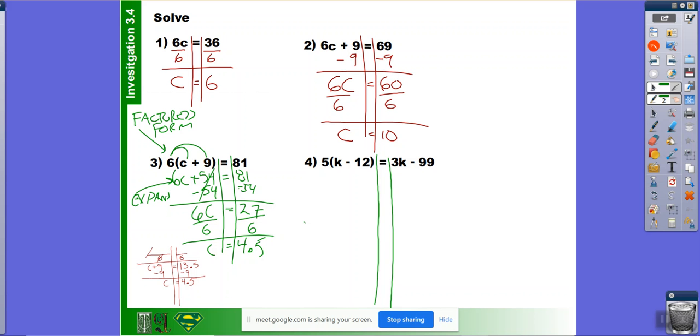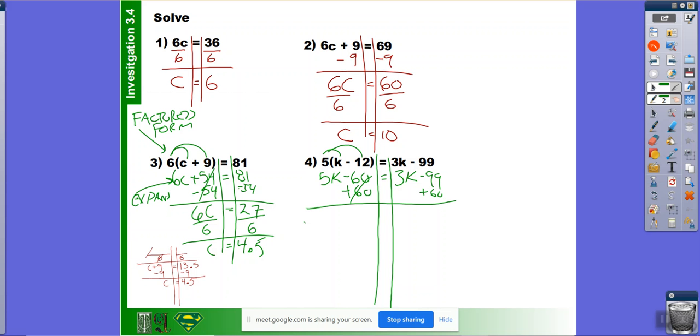Okay, so first what I did is I made this into, I forget, factored form, I think? It doesn't matter. The vocab right now doesn't matter for you guys. Okay, so I made it 5k minus 60 equals 3k minus 99. Okay. So first what I did is I added 60 to both sides, so it would cancel out the 60 on the left.